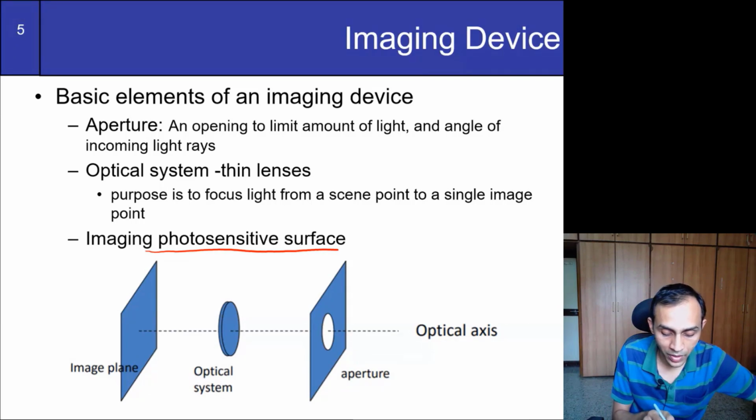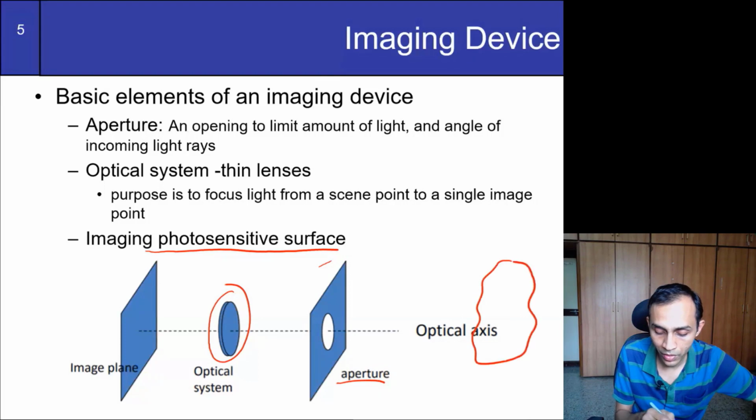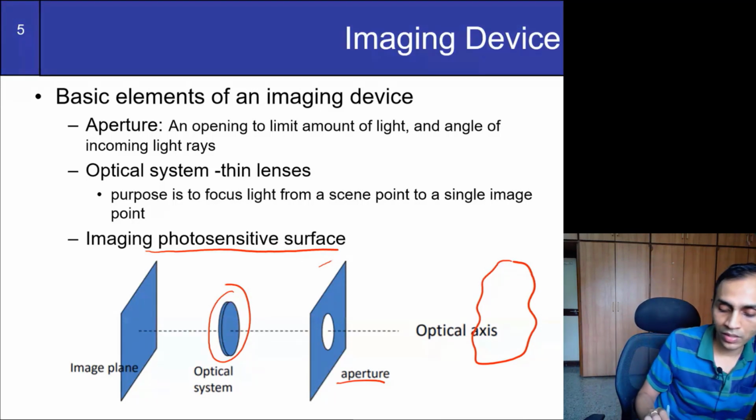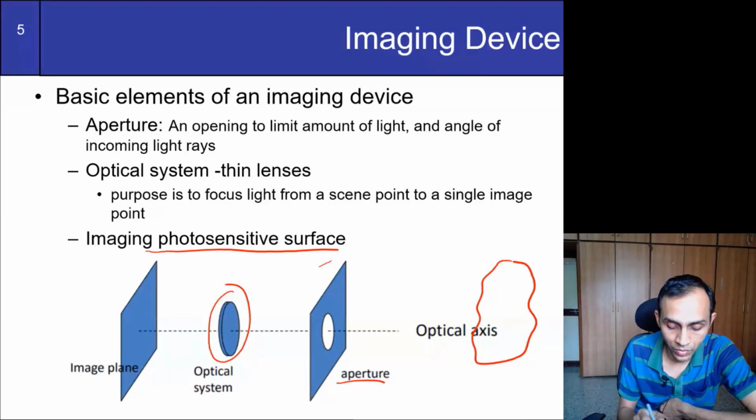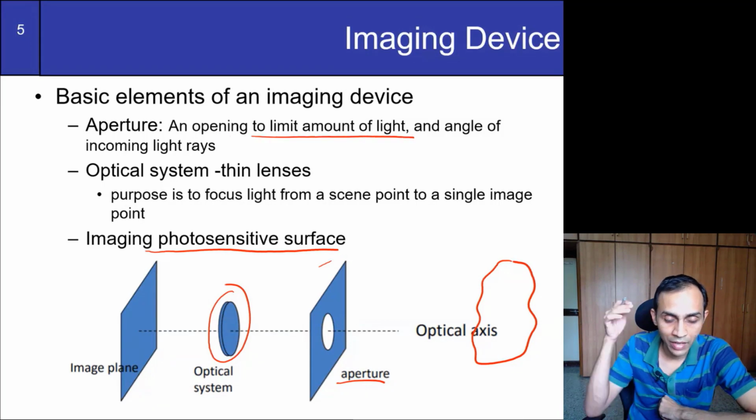But apart from that image plane, there will be some kind of optical system and some kind of aperture. If this is the object that you're trying to capture, first of all there will be an aperture. The role of the aperture is that it restricts light, allowing only a certain amount of light and a certain angle to come inside.